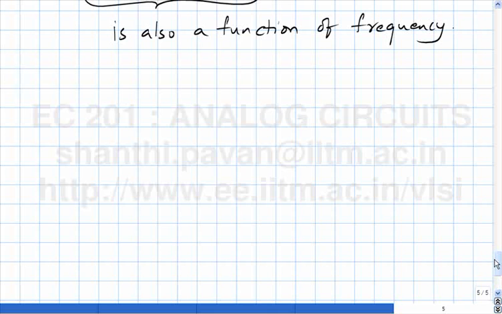Let's start from the simplest of amplifiers, a single stage amplifier. Let's add frequency dependence in the forward amplifier A and see what happens to the closed loop performance.